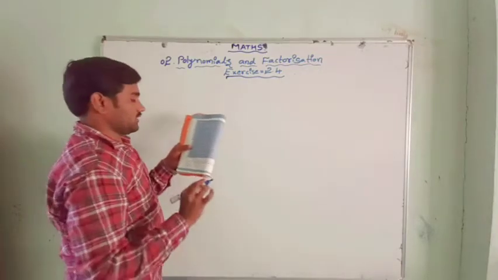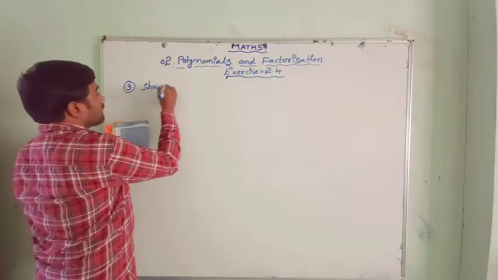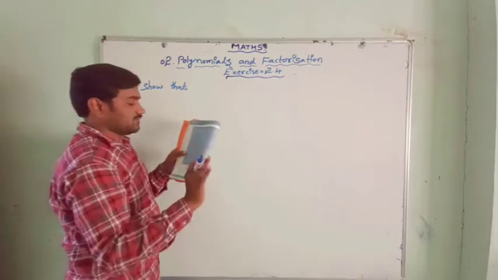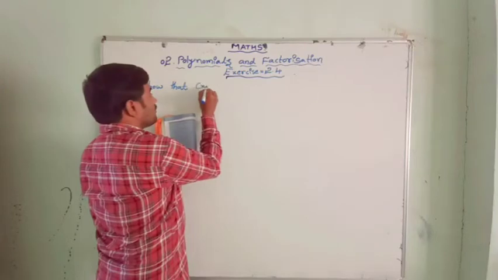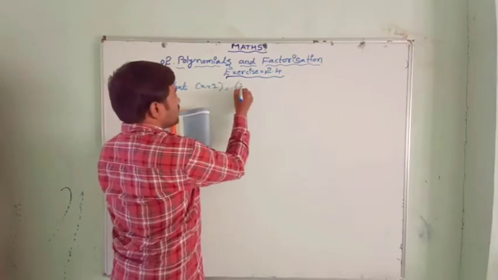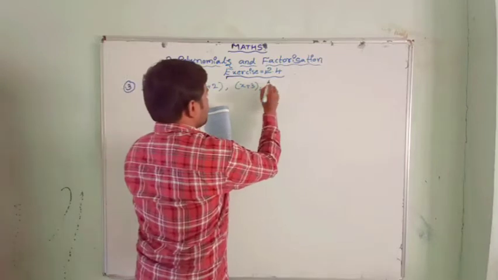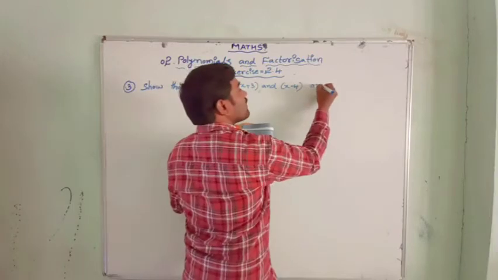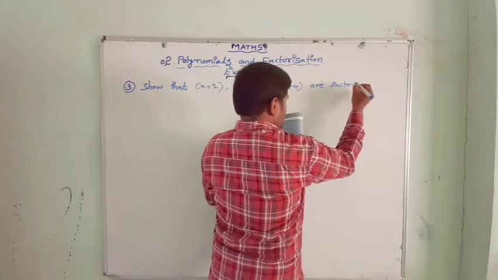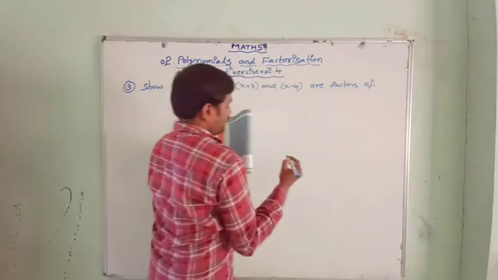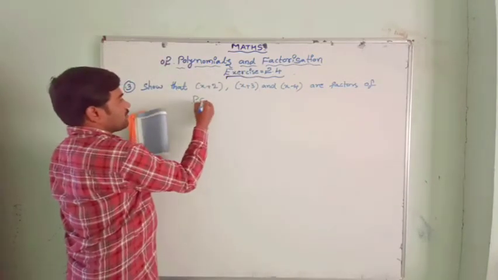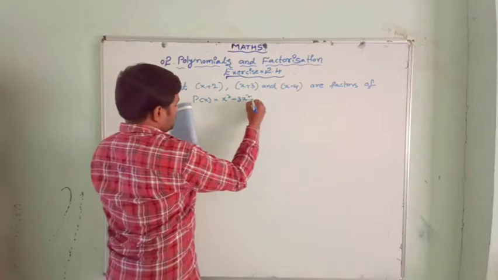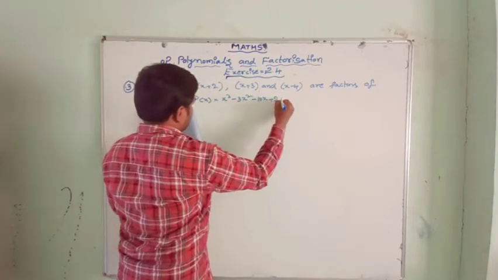Third question. Show that x plus 2, x plus 3 and x minus 4 are factors of the polynomial p of x equal to x cube minus 3x square minus 10x plus 24.